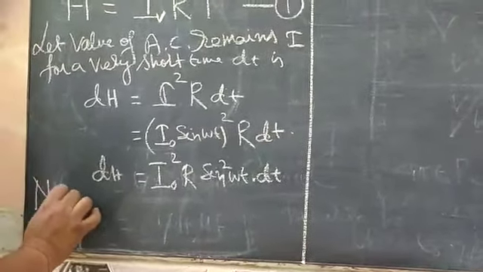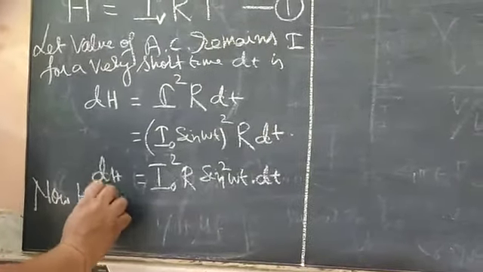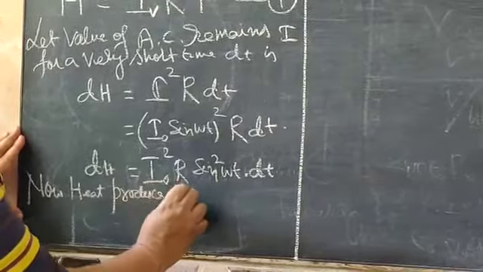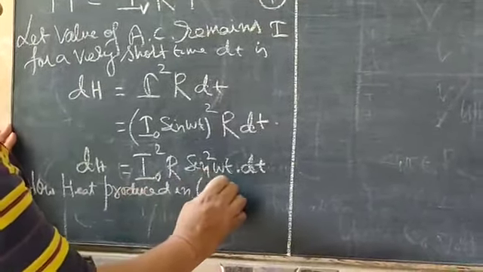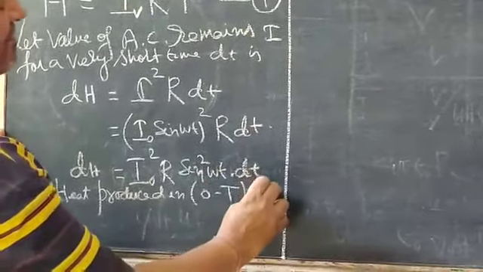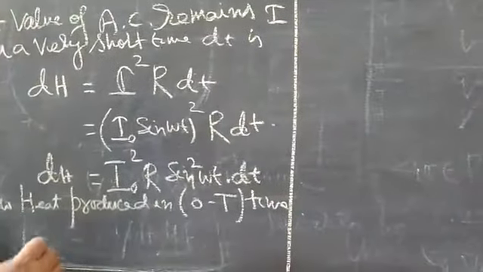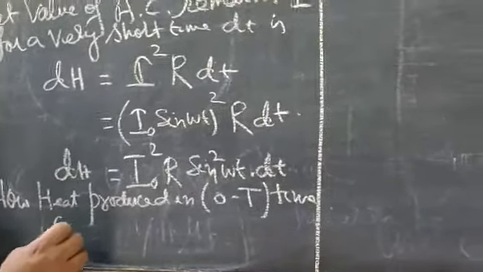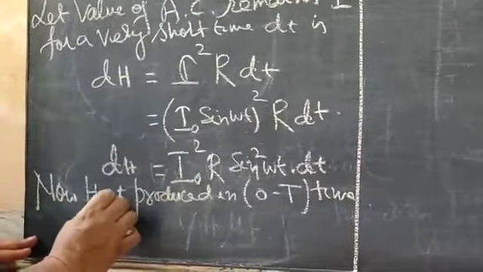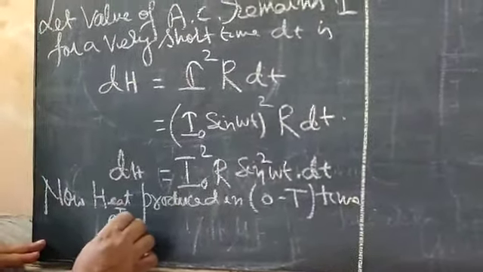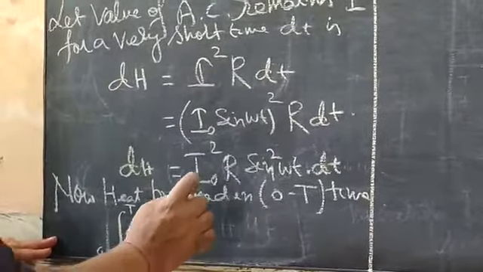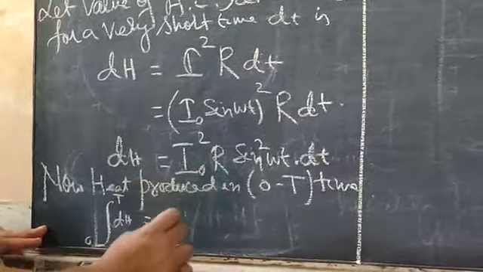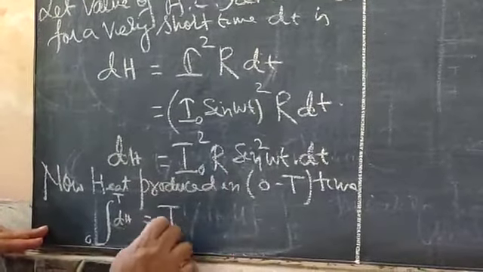The heat produced in 0 to T time will be obtained by integrating it between the limits 0 to capital T. dH is equivalent to I naught square, which is the peak value of AC and is constant, and R is also constant.